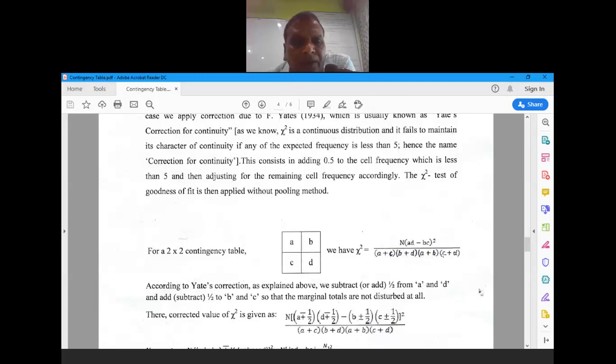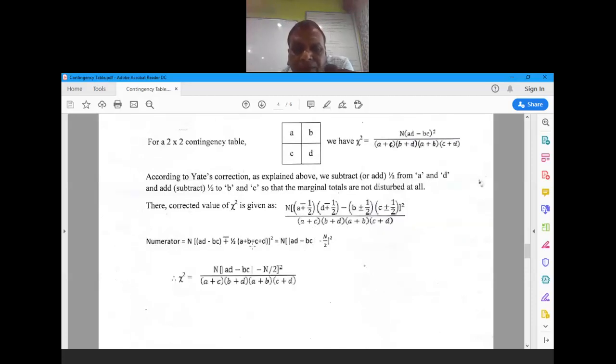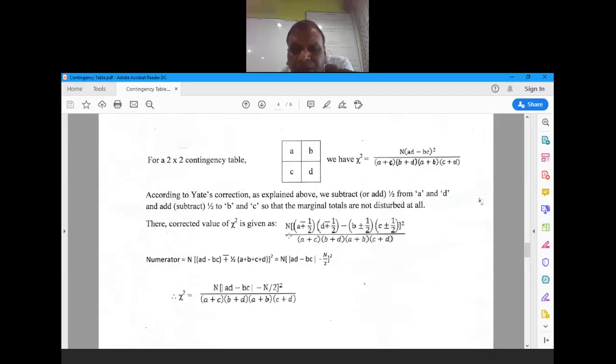Now, according to its correction as explained above, we subtract or add 0.5 from A and D, and add or subtract half to B and C. So here A minus plus half, D minus plus half.